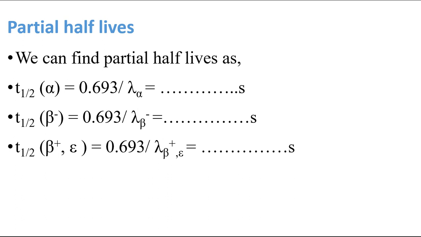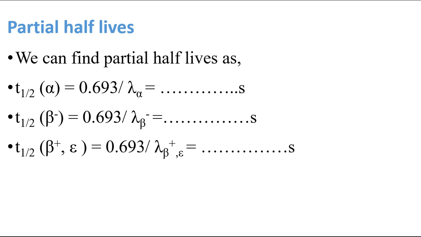The partial half-life for the alpha decay mode can be calculated by this formula. The half-life of alpha is equal to 0.693, which is the natural log of 2, divided by the partial decay constant. By putting in the value of the partial decay constant for the alpha decay, you can find the partial half-life of the alpha decay mode.